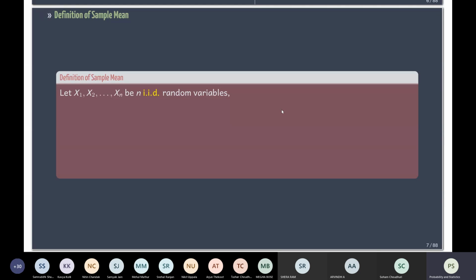Now what I will do next is define two important theorems. One is called the law of large numbers, and another one is called the central limit theorem. These are theorems on sequences of random variables and how they behave if I take n tends to infinity.